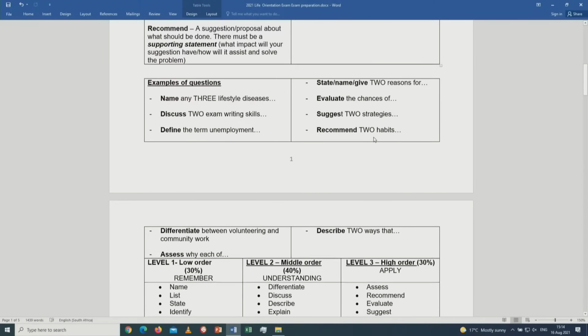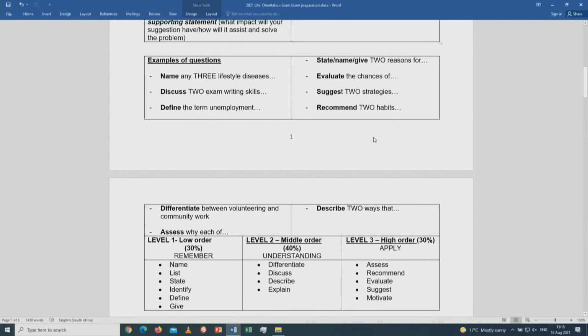Examples of questions. In section A, you might get questions like name any three, or name the factors, or name the reasons, or mention the reasons, or outline, for that matter, outline three reasons why there is a high rate of unemployment in our country, if I can use that example.